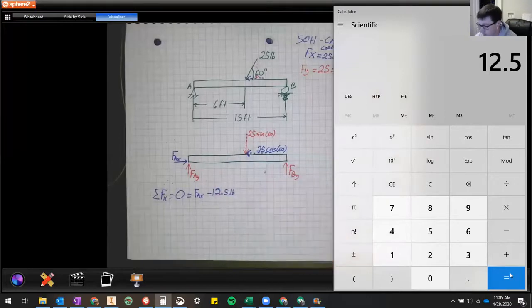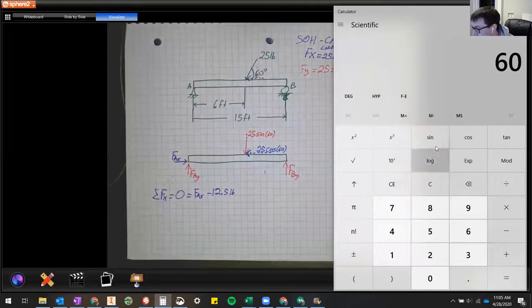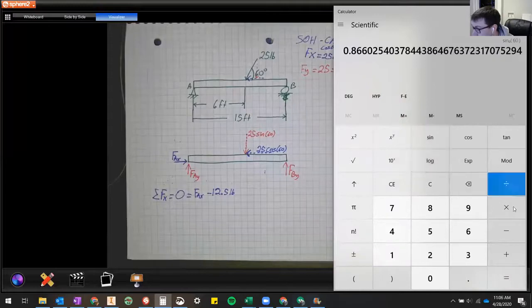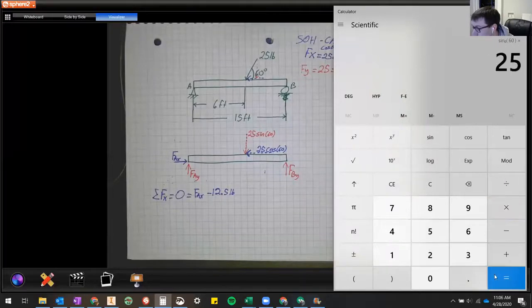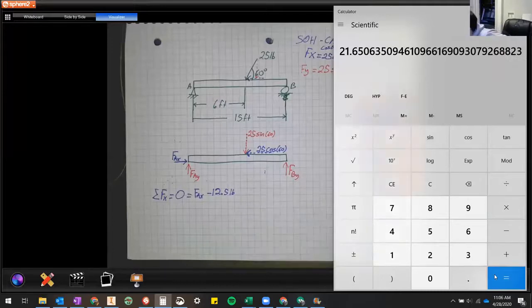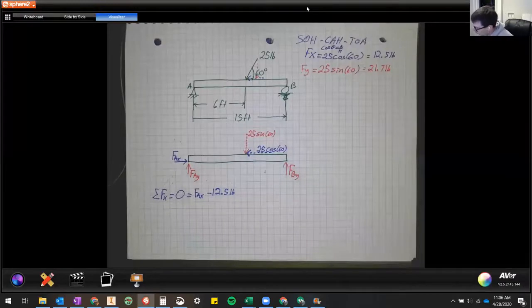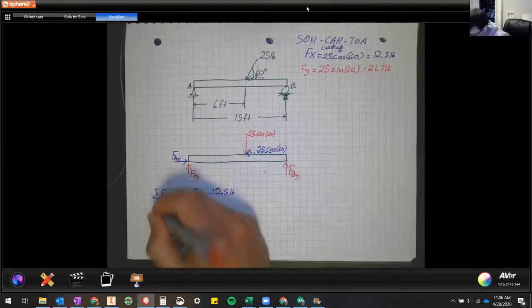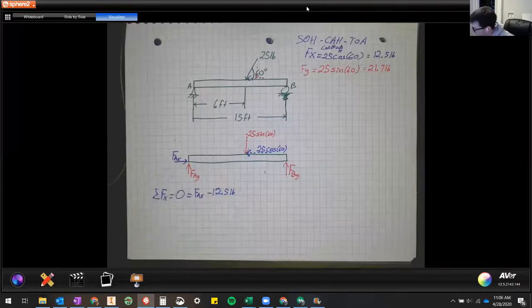And while we're at it, let's figure out 25 times the sine of 60. That's going to be 21.7 pounds.